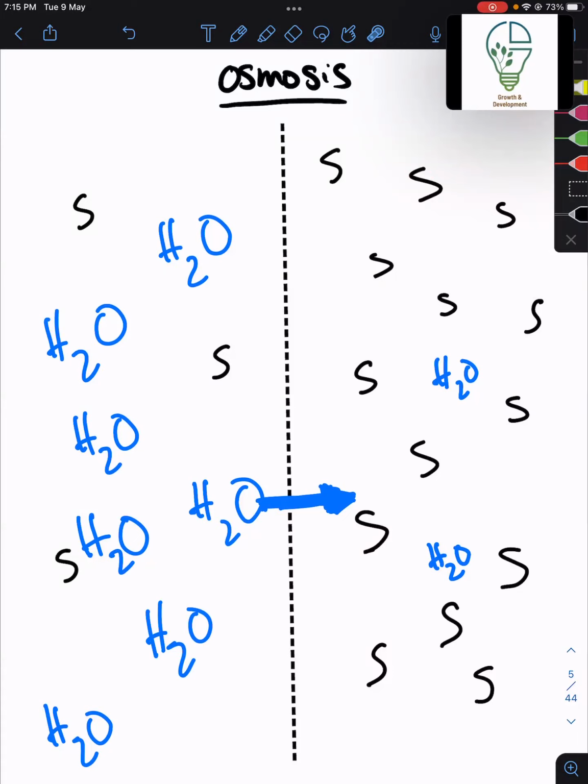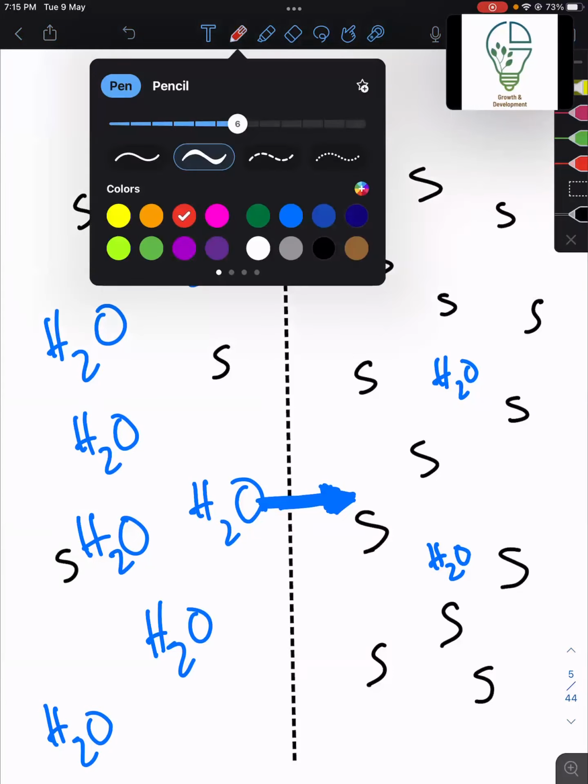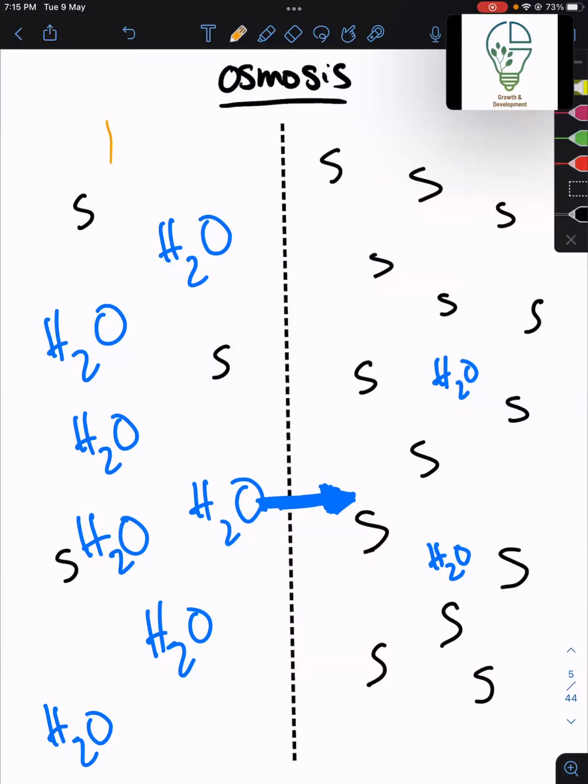So let's take an example, and let's pretend that this left side is the tubule, and the right side is the interstitium. Let's say that I decrease my solute concentration. Do you think there's going to be more water going from the tubule to the interstitium, or less water going from the tubule to the interstitium?